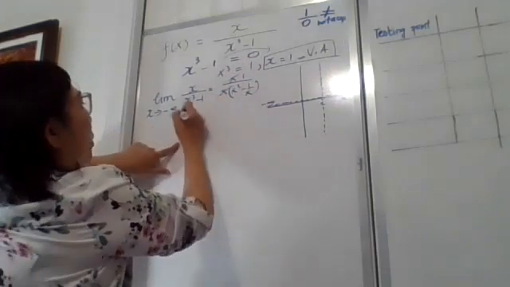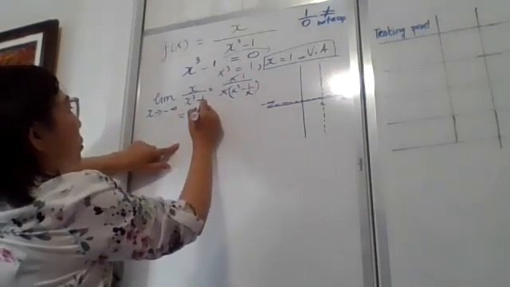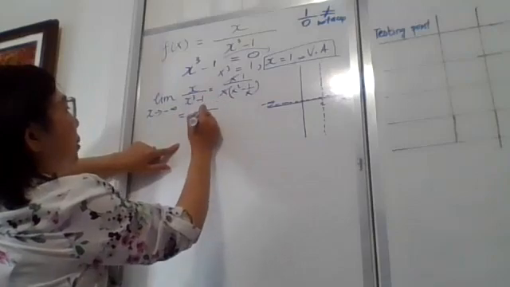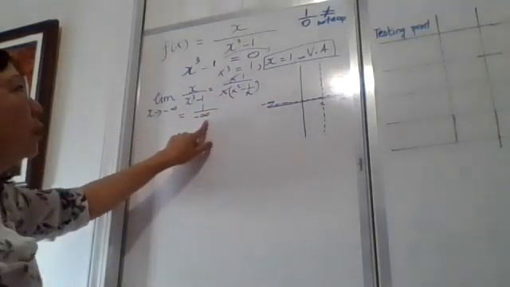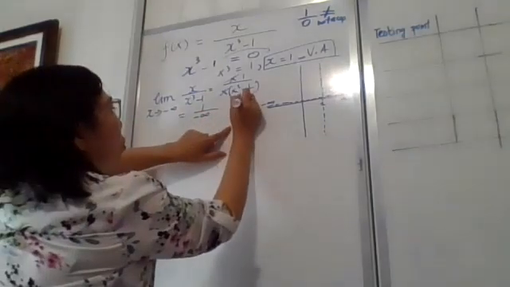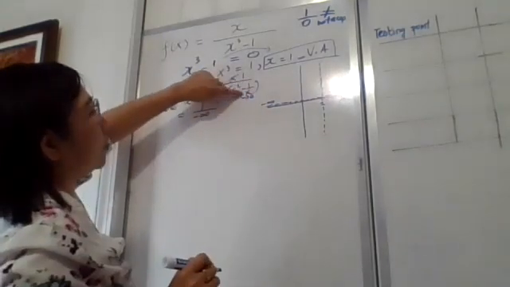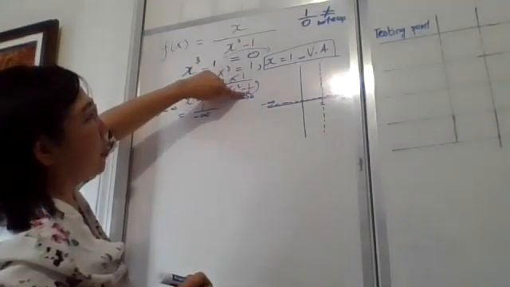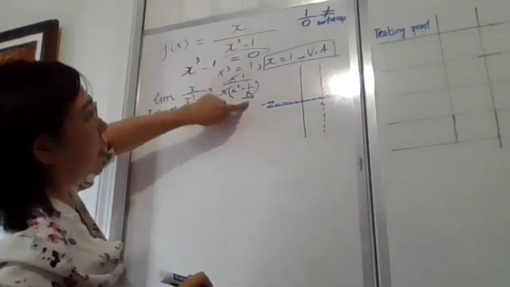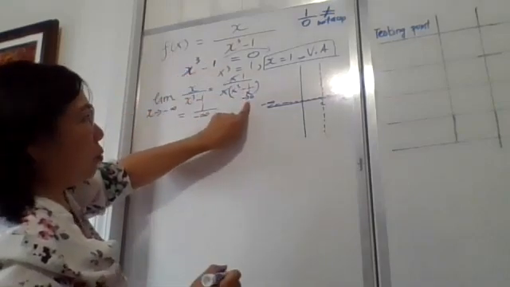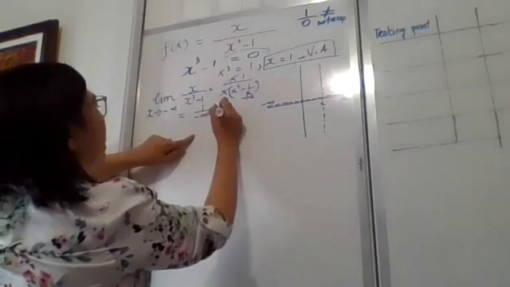So what happens when we substitute this value in? We have 1 over x squared minus 1 over negative infinity. This fraction will approach 0, because if the number down here is very big, 1 divided by a big number approaches 0. So we are left with this.